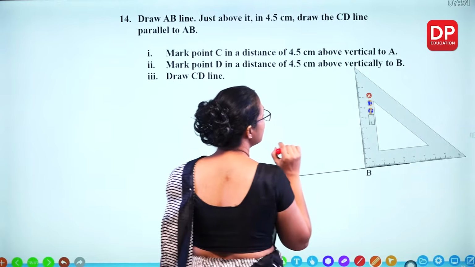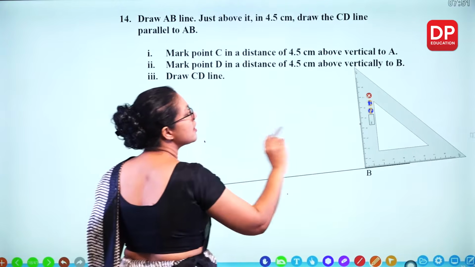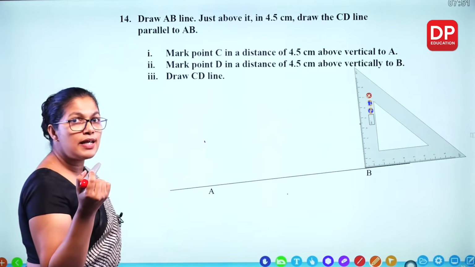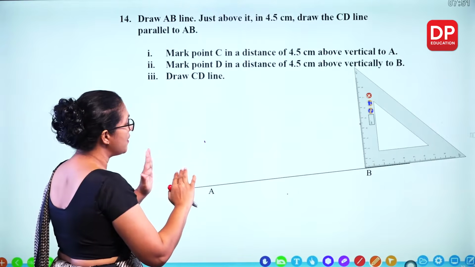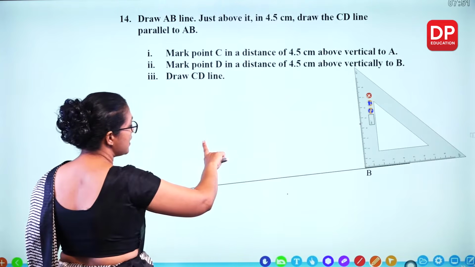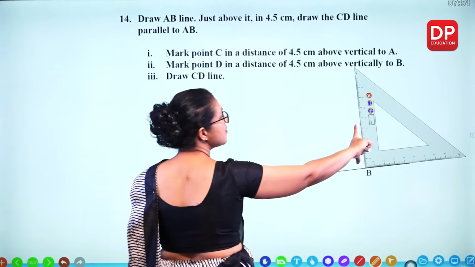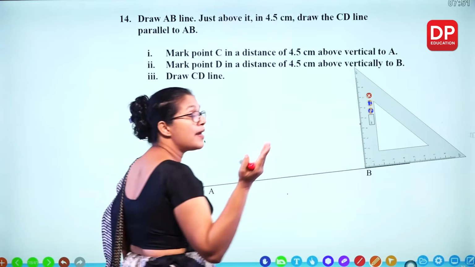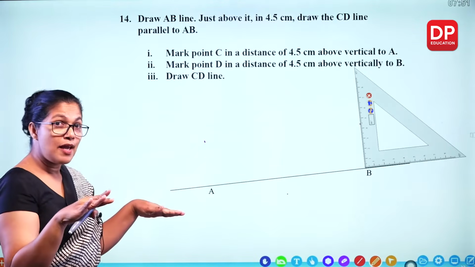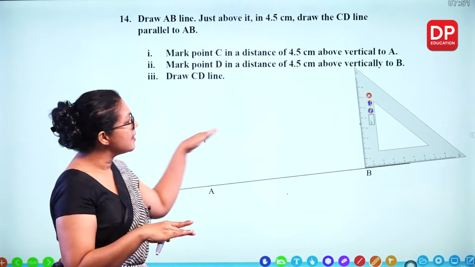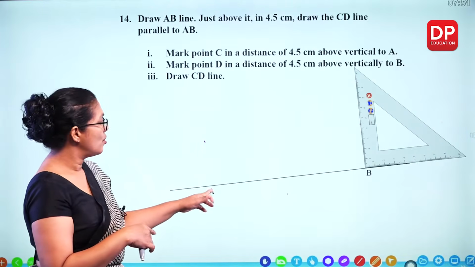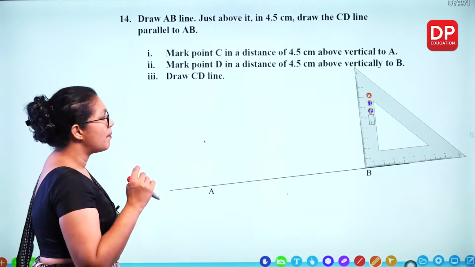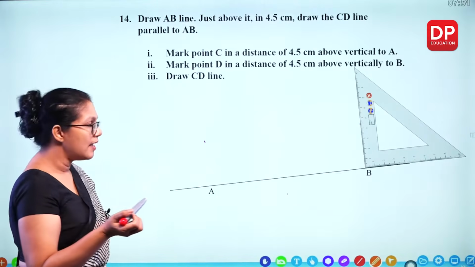So we can just connect it. You don't need a ruler there, because we know if this is 4.5 and this is 4.5, the perpendicular distances are the same. The line connecting these 2 points is parallel to the AB line, because the perpendicular distances are equal.